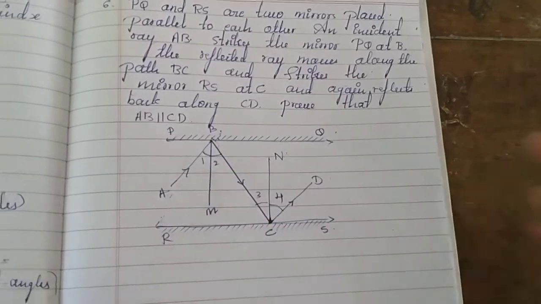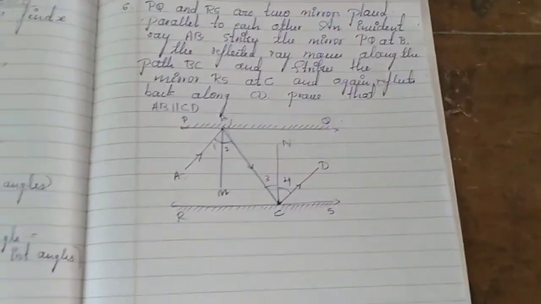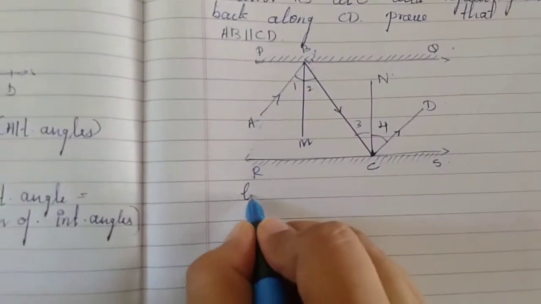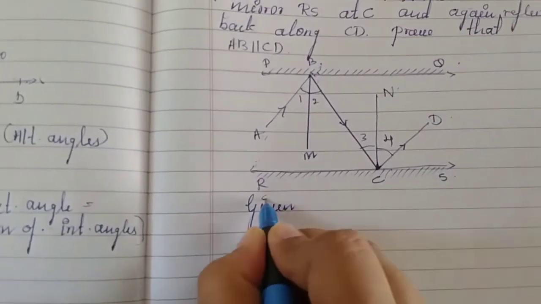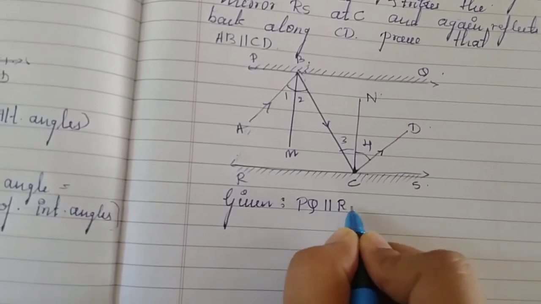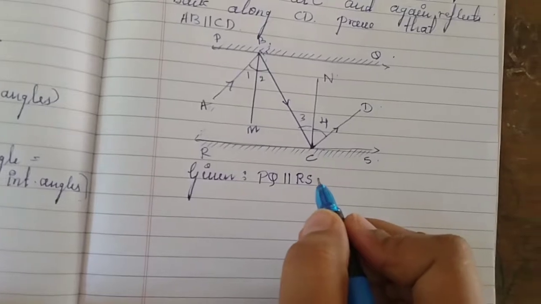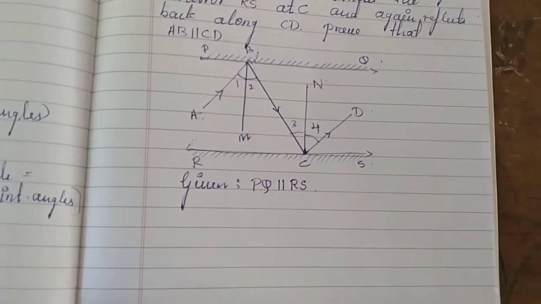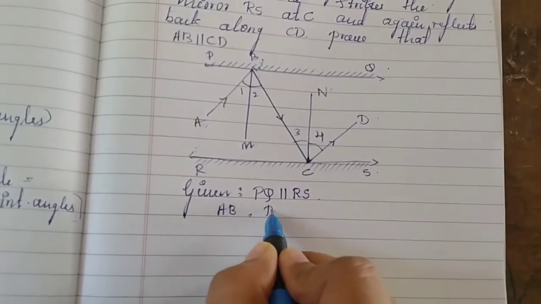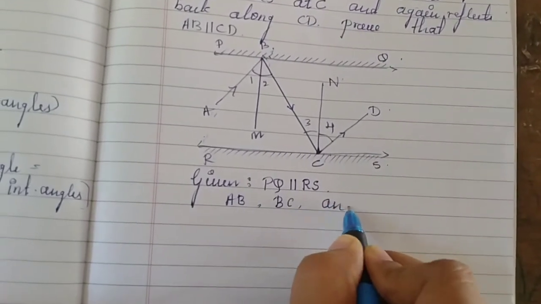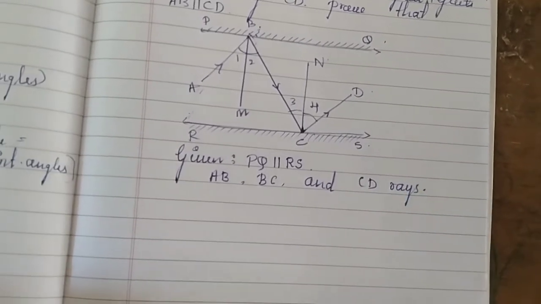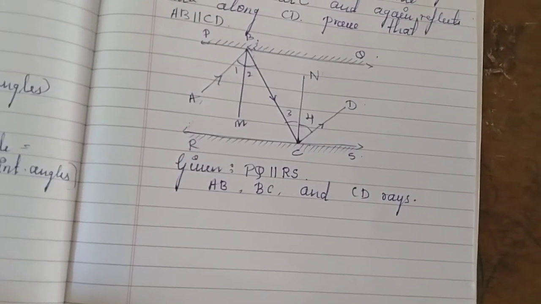Okay, so first thing is what? First, what they have given, we will note down. The given thing is nothing but here PQ is parallel to RS, right? So PQ is parallel to RS. They have given AB, BC and CD are the rays, incident ray, reflected ray, right?